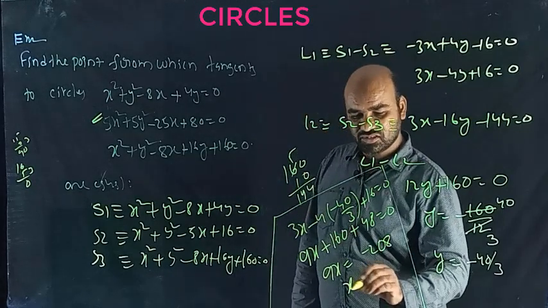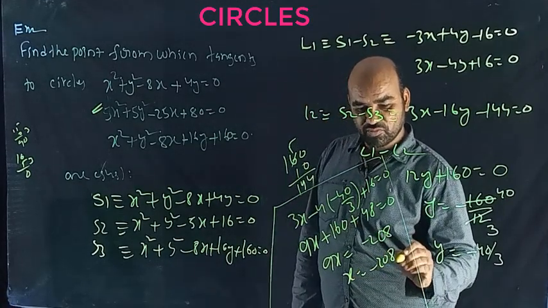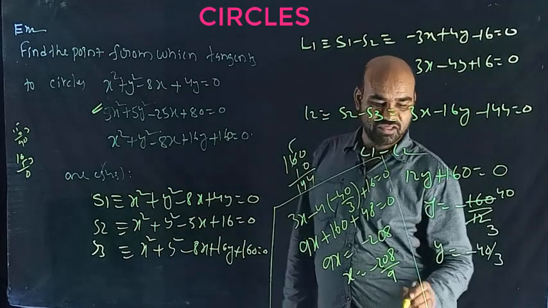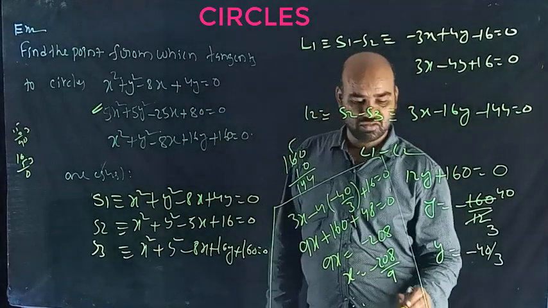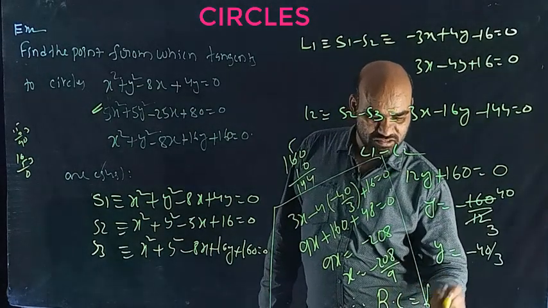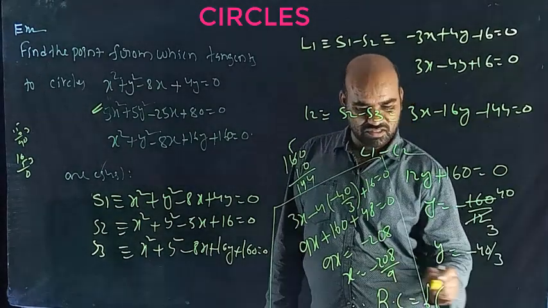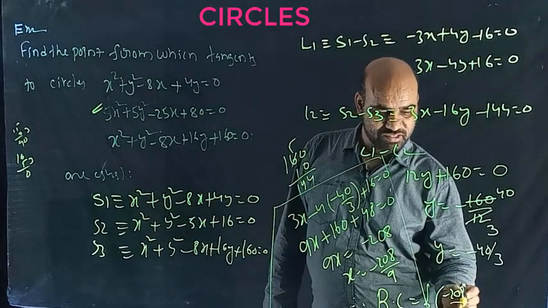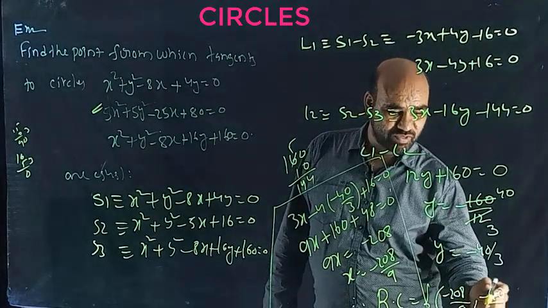So x is equal to minus 208 by 9. Therefore, the radical center is minus 208 by 9 comma minus 40 by 3.